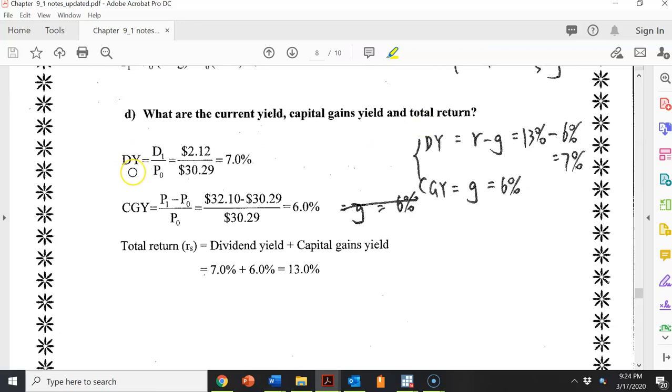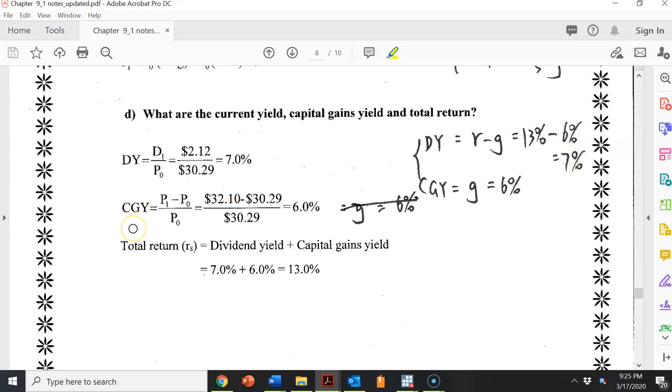So for DY, dividend yield, it is D1 over P0 by definition. So we can just plug in the numbers and it's 7%. Alternatively, we can use the conclusion we had, DY equals RS minus G, so it's 13% minus 6%, it's also 7%.